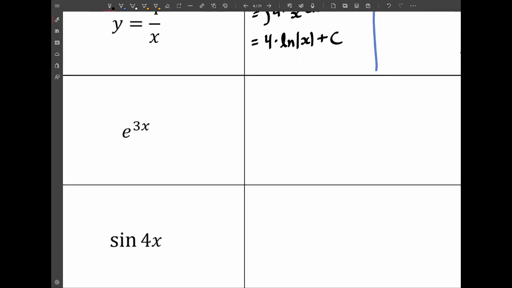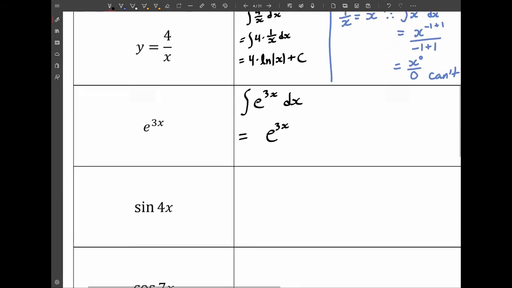All right, e to the 3x. So remember, e to the 3x, or any kind of exponential function where it's e to the power of x, we just have to deal with the chain rule part, right? So in this case, if I want to deal with the integral of e to the 3x dx, I have to consider the fact that when I take my antiderivative, this guy's not going to change, because when we take the derivative of e to the 3x, it's still e to the 3x, but we have to multiply by the derivative of the interior function, by the derivative of 3x.